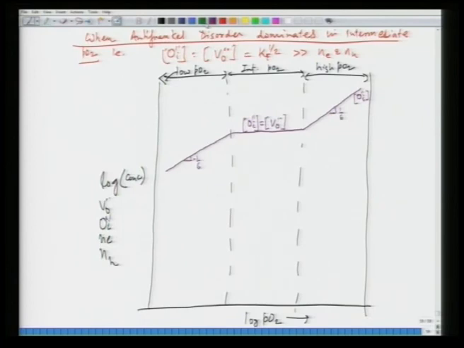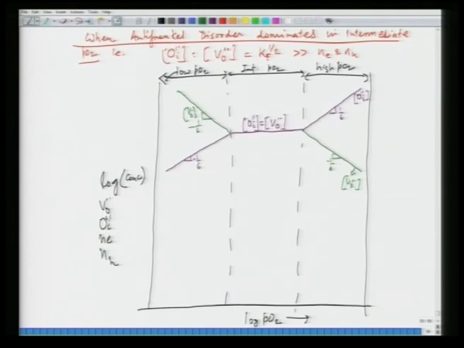How does VO vary? VO varies as minus 1 by 6 and then again minus 1 by 6. So, this would be VO.